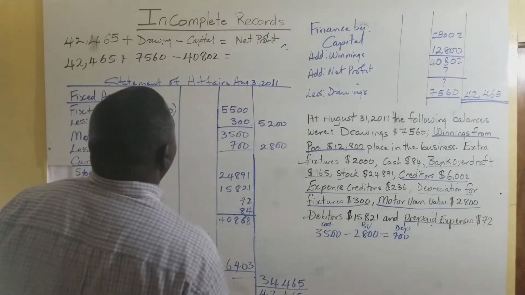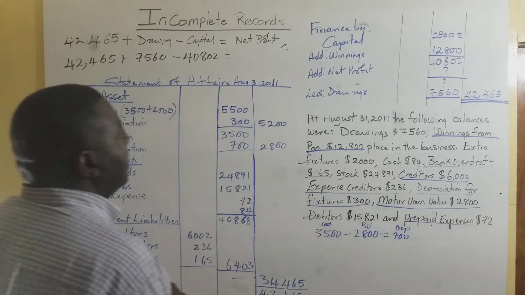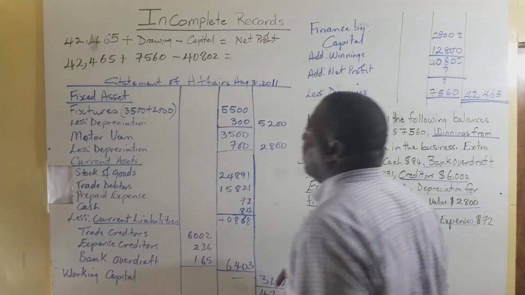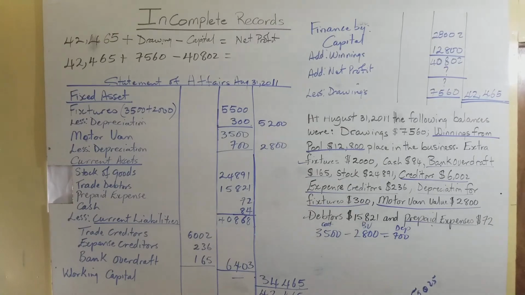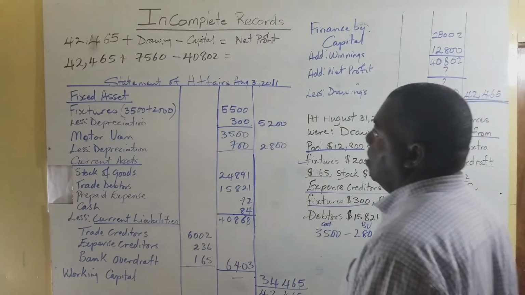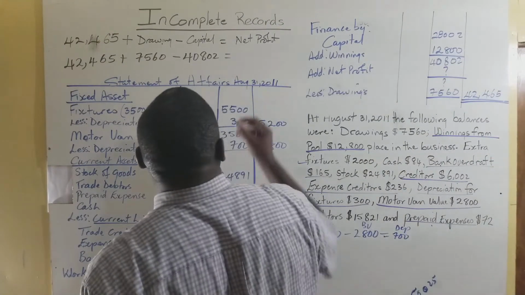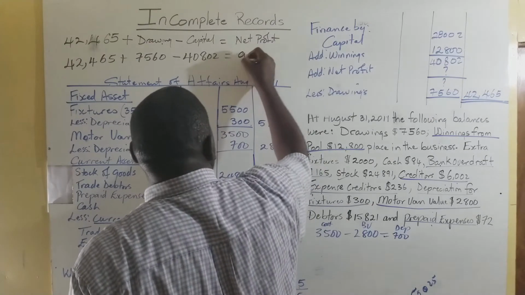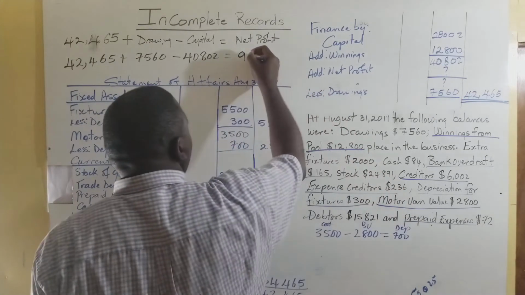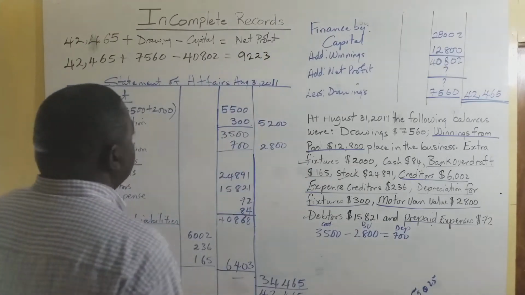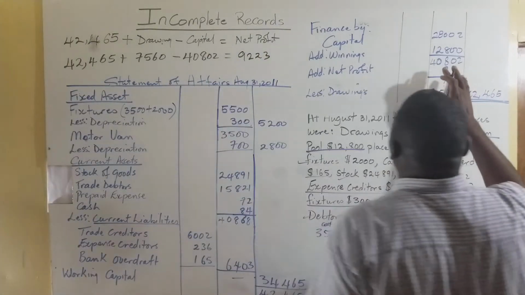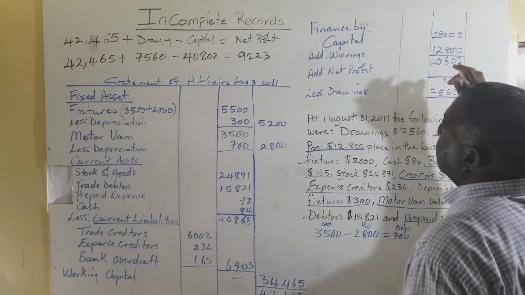And when we do that math, we are going to get the net profit to apply. Let's do that now. So when we do the math in relation to this calculation, we're getting 9,223.